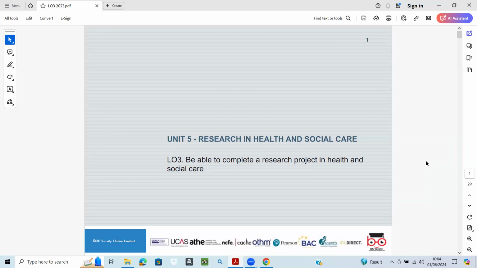Then step 2 would be conducting a literature review. Once you have your topic, the next step is to conduct a thorough literature review. This involves reading and summarizing relevant studies, articles, and reports related to your topic. The goal is to understand what is already known and to identify gaps in the existing research that your project can address.